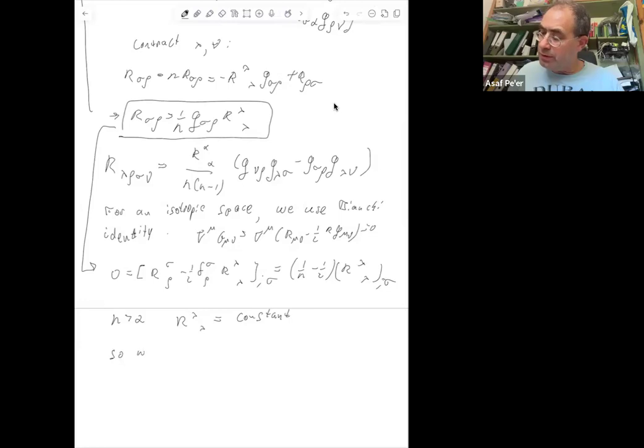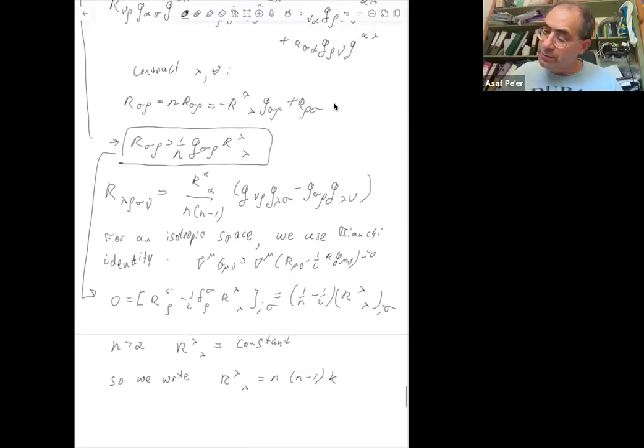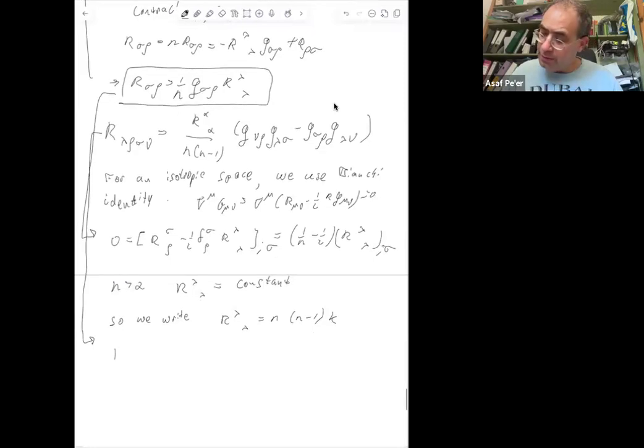So we write R^λ_λ is n(n minus 1) k. And with that, we have from here that R_λρσν is some constant k times (g_νρ g_λσ minus g_σρ g_λν).